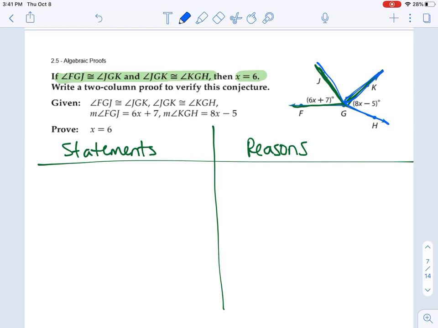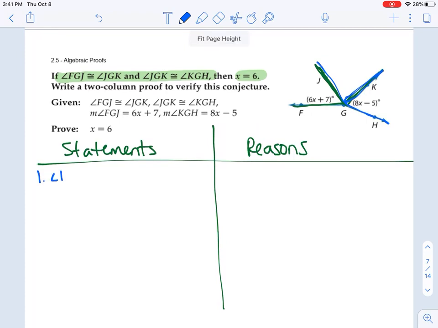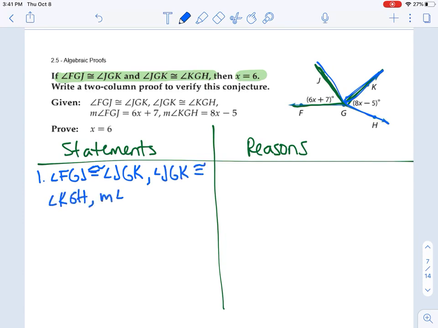Now we need to write our whole given. Yes, it's long, but I do believe that you can do this. Angle FGJ is congruent to angle JGK and angle JGK is congruent to angle KGH, and the measure of angle FGJ is equal to 6x plus 7, and the measure of angle KGH is equal to 8x minus 5.